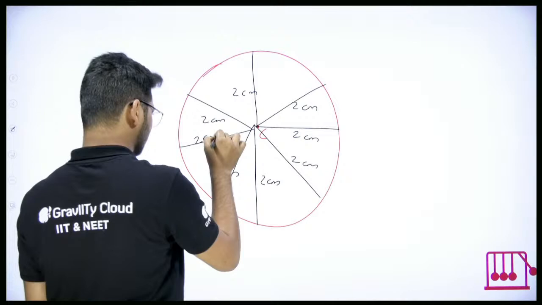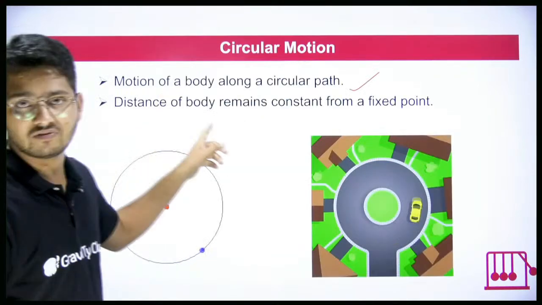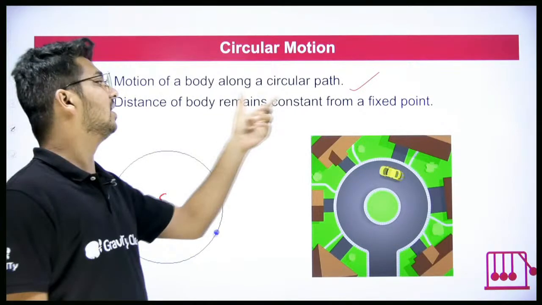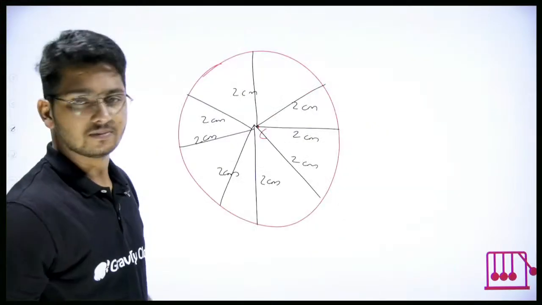Going in a circular path means the distance of the body remains constant from a fixed point. From which point? From the center of the circle. 2 centimeter, 2 centimeter, everywhere. Clear? The distance from the center remains constant when the object moves on a circular path.